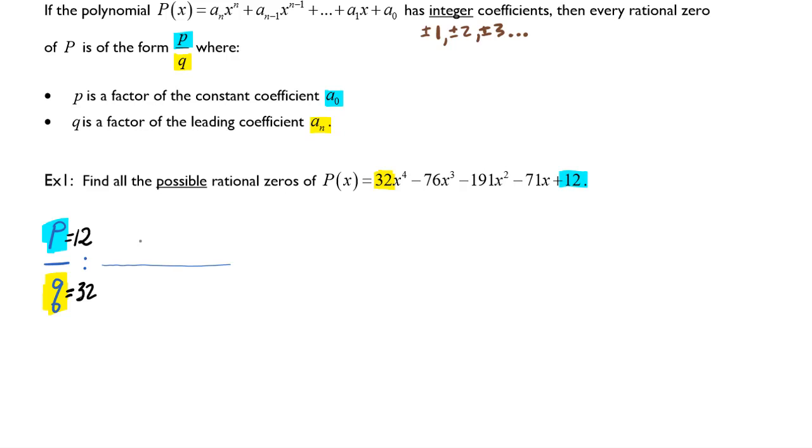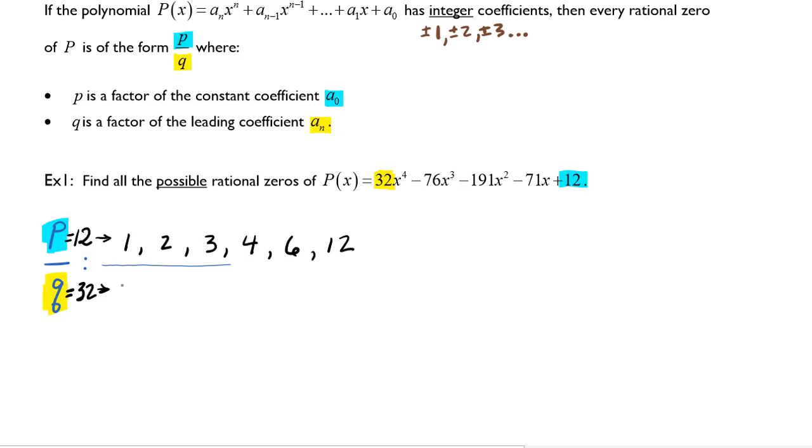Now we need to list the factors of p over q. This is a long, crazy process, but you will need to know how to do this. So 12. We have 1, 2, 3, 4, not 5, 6, not 7, not 8, not 9, not 10, not 11, and 12.